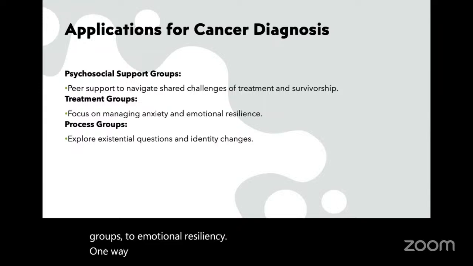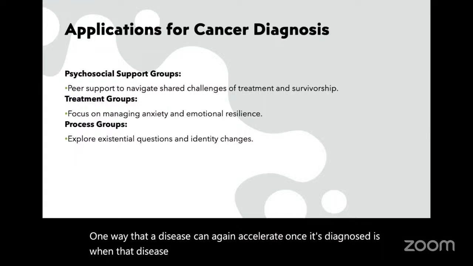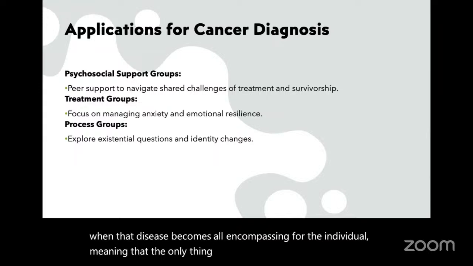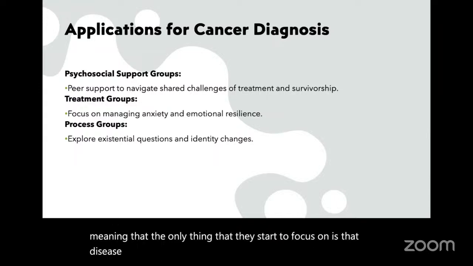Okay, again, when we go back up to treatment groups and emotional resiliency, one way that a disease can accelerate once it's diagnosed is when that disease becomes all encompassing for the individual, meaning that the only thing that they start to focus on is that disease and that disease process.